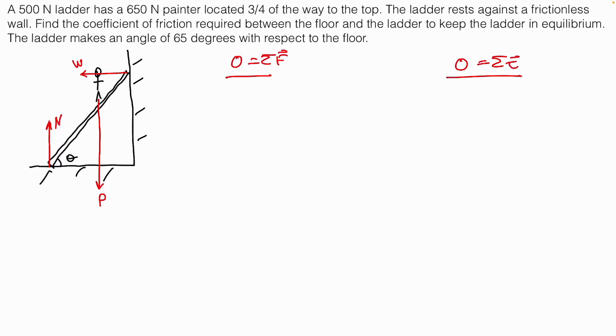We've got normal force up and painter force down, so there's the possibility in the y direction for 0 net force. But as we've drawn the picture right now, there is no oppositional force to the wall force, which would lead me to conclude, since I don't have any other sources of horizontal forces, that my friction would have to be pointing towards the wall.